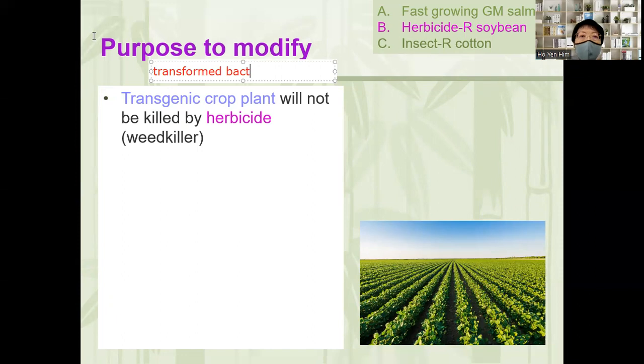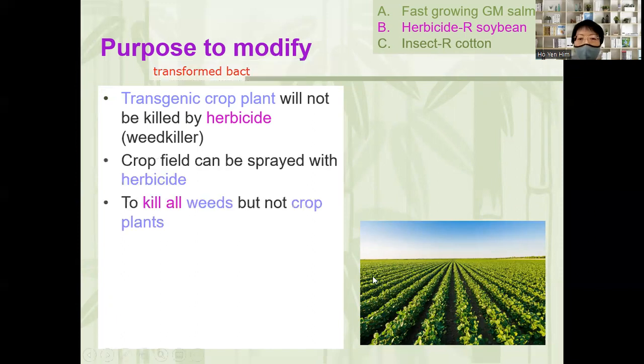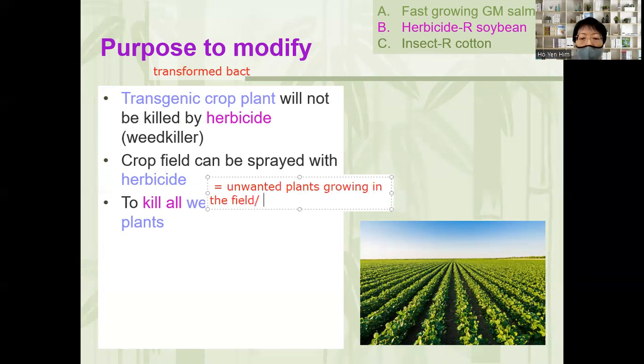So we want to make this plant not able to be killed by the herbicide, so that we can spray the entire field with the herbicide, and this herbicide will kill all other plants, which we call the weeds. Weeds are unwanted plants growing in the field or in our garden.